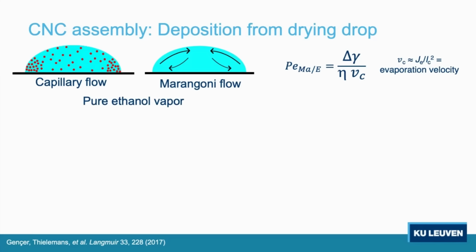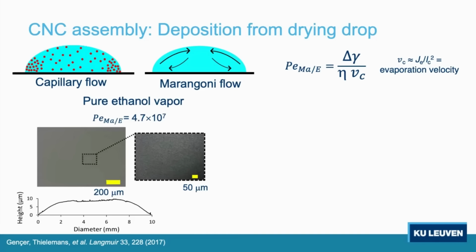If you do it under pure ethanol vapor, you can get a very nice homogeneous deposit, but you don't get any color. Why? The ethanol goes too fast into the water, and it will destabilize your colloidal system, and you don't get nice alignment of your CNCs. So you still need water.